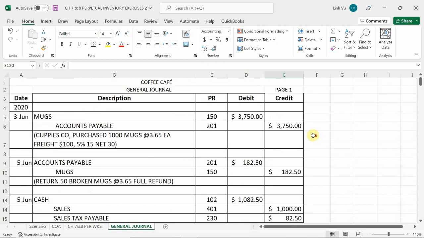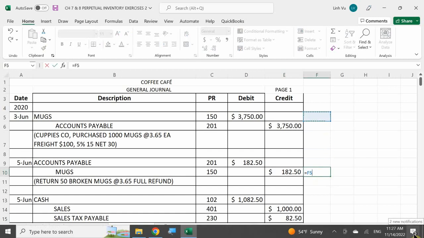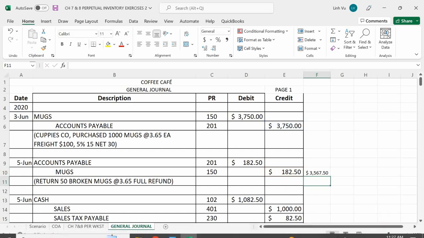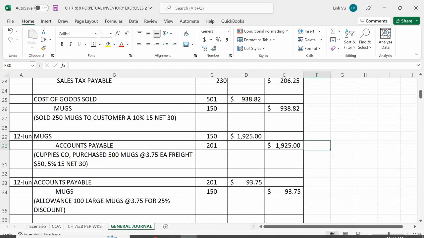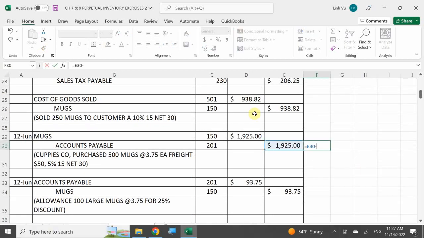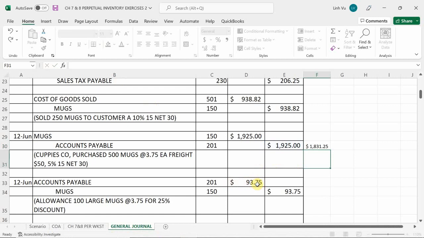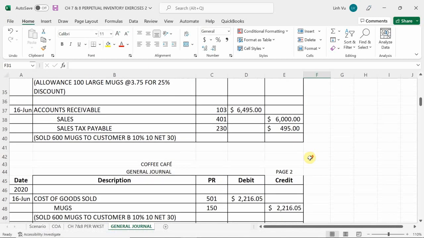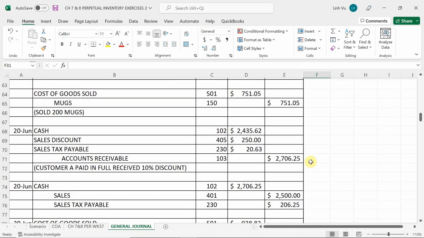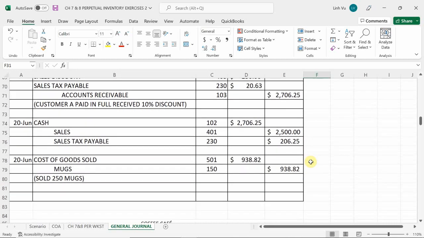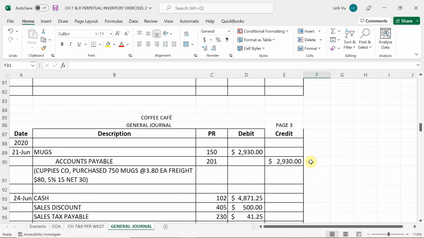If you want to redo that, just remember the first batch of inventory you have here was a total of $3,567.50. Your second batch right here is for a total of $1,831.25, plus the 2,930.